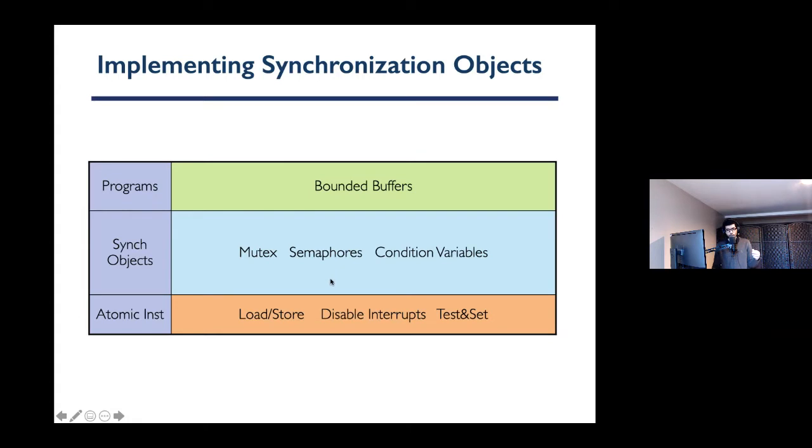So to do that, like always, we're going to get some help from hardware. Different hardware have different support that they could provide. So we're going to see what the hardware gives us, and then we'll use that to implement these synchronization objects. It could just be load and store, very simple load and store that almost every processor provides. We will see how we can actually use enabling and disabling interrupts to implement synchronization objects.